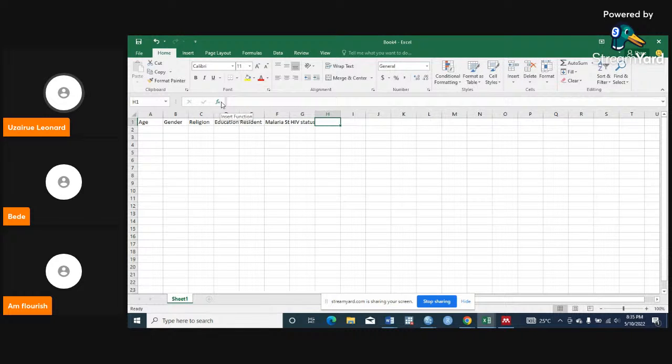These are the qualitative variables. Age is quantitative. Then let's say fasting blood sugar, total cholesterol, uric acid, hemoglobin, PCV, anything you want to add.